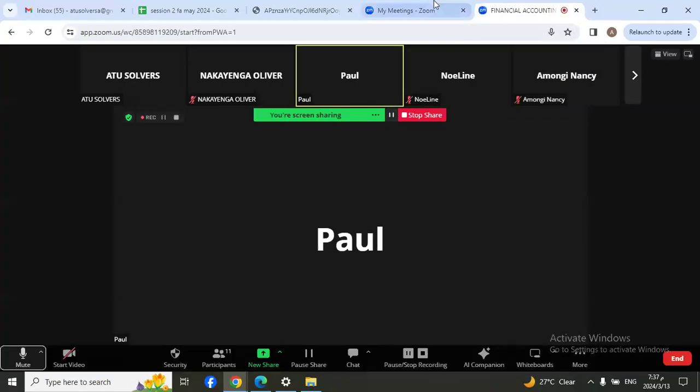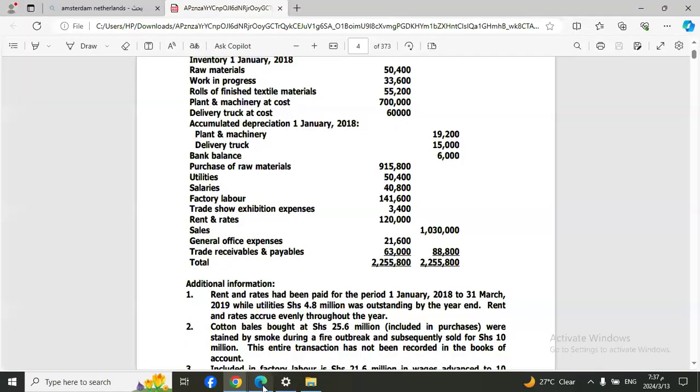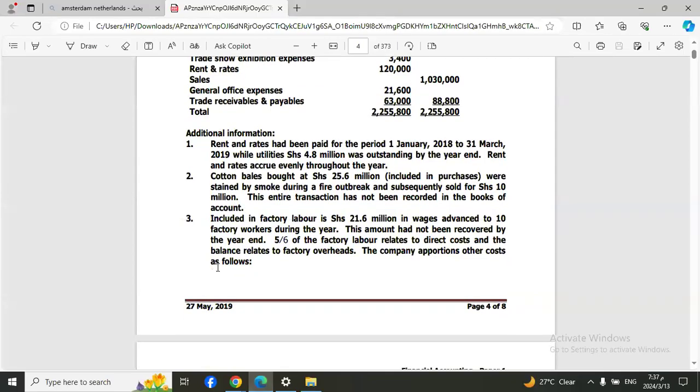Please just do it for me again. We said direct labor cost. The question is saying, note number 3, included in this amount of 141,600 is labor of 21.6 million in wages advanced to 10 factory workers during the year. This amount had not been recovered at the end of the year. Yes, we had included this as wages, but these people have not worked for it.